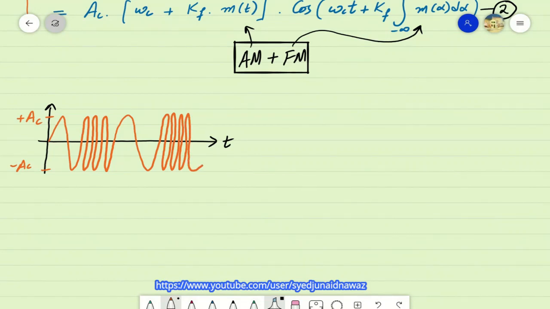So the frequencies of this signal represent the information signal's amplitude. For the intervals where we have a high frequency, it represents a high amplitude of the information signal, while the intervals where a low frequency defines this frequency modulated signal represent a low amplitude of the information signal.